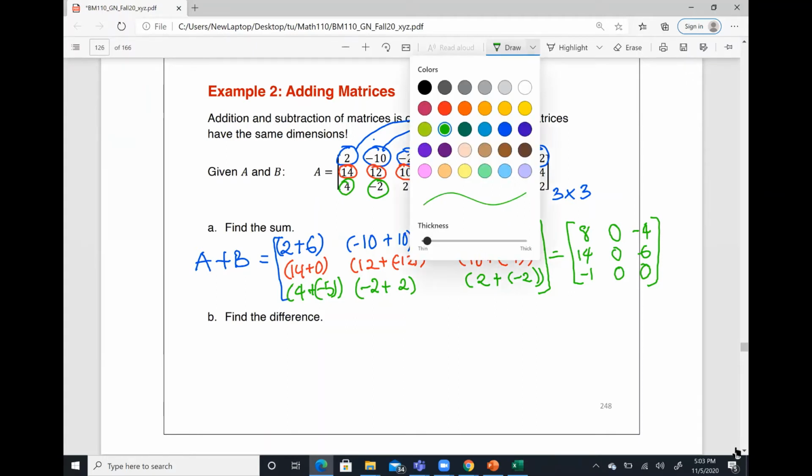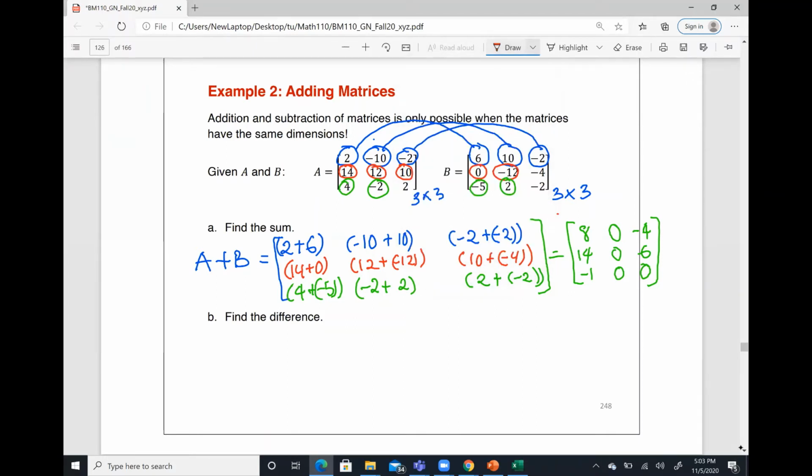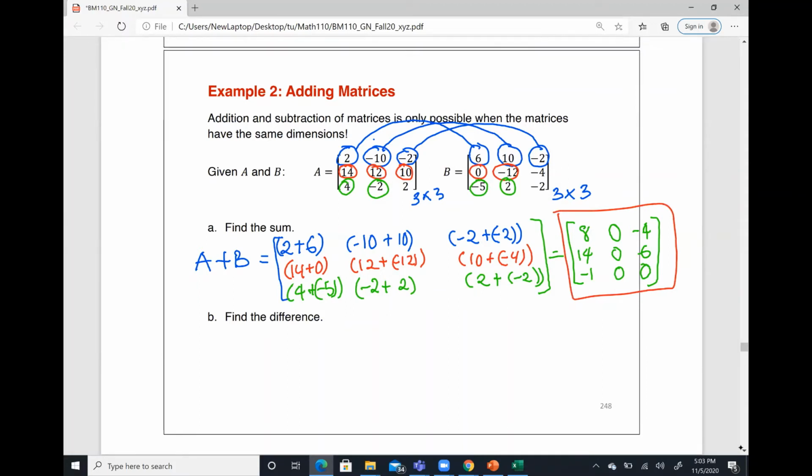Let me circle it. Now find the difference, which means A minus B. Same thing, but instead of adding, you're subtracting between the entries in the same position.